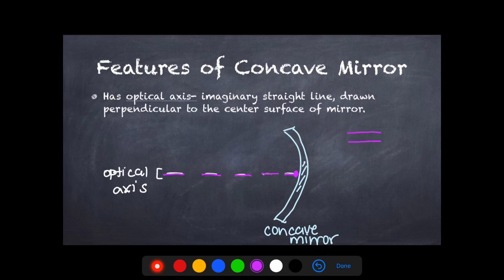Remember, parallel is like this, when they're both a distance apart from each other, traveling the same line. Perpendicular kind of looks like this, like an intersection, okay? So you can tell that this optical axis is making a perpendicular line, because this would be the optical axis, and then this would be the mirror.